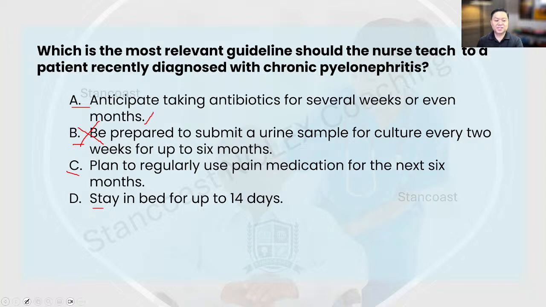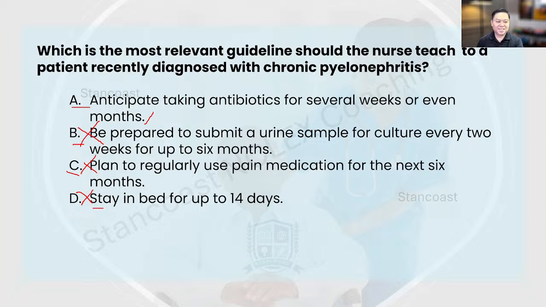But these are not something that you're going to implement for this person as a long-term requirement. There's no way that they're going to be able to do that. A whole lot more complications can arise when you allow this patient to stay in bed for 14 days. That is way too much. So eliminating these two immediately, these are unrealistic nursing interventions.